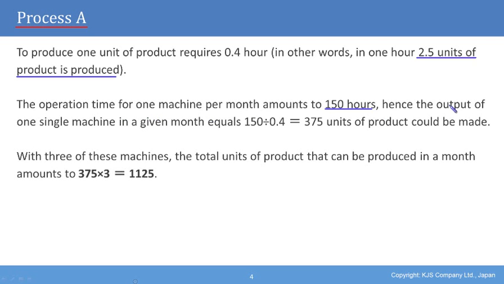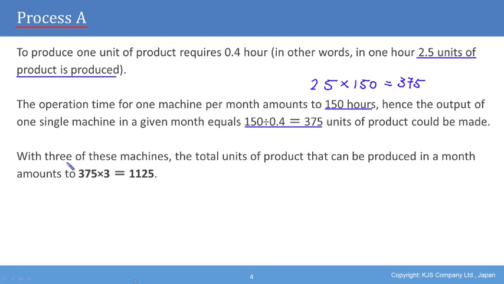Hence, the output of 1 single machine in a given month equals 150 divided by 0.4 equals 375. It's also the same as taking 2.5 units and multiplying it by 150 hours, which is 2.5 multiplied by 150, which also gives us 375.